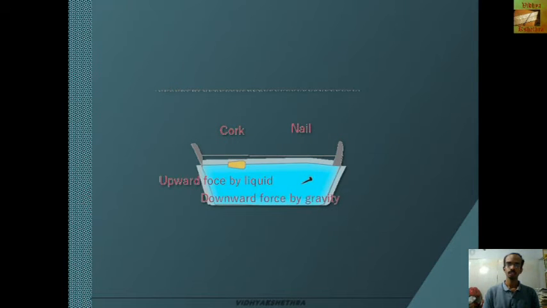When the upward force by the liquid is higher than the force of gravity experienced, then the object floats. If the downward force by gravity is more than the buoyant force, then the object sinks. As seen in this figure, the nail sinks while the cork floats.